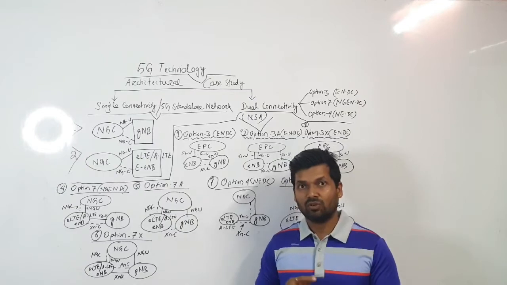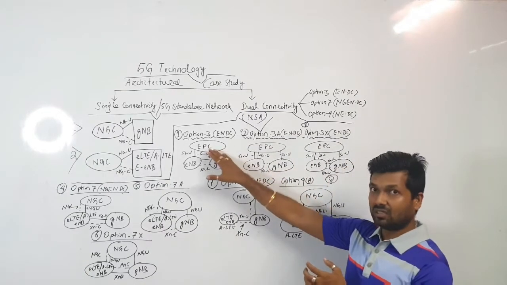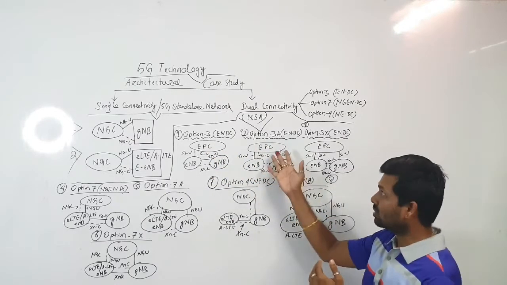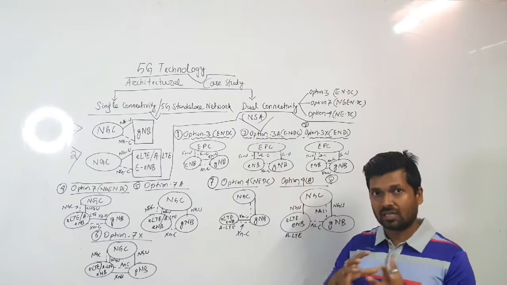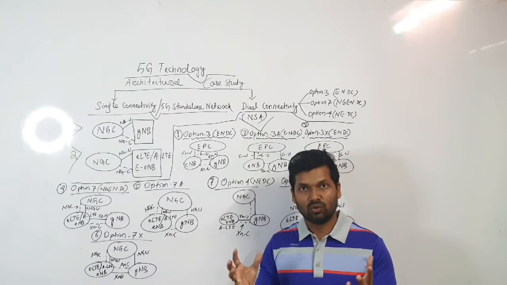Okay, so if you're having a commercial network, you're using the EPC or the old core or the LTE core or the LTE advanced core, which supports the G Node B as an additional radio node for 5G radio access.